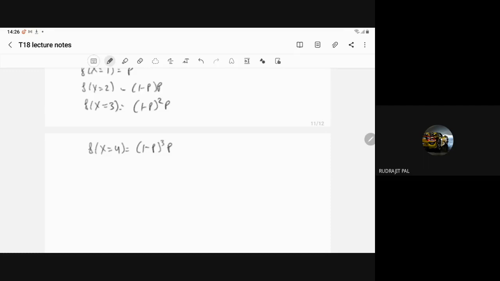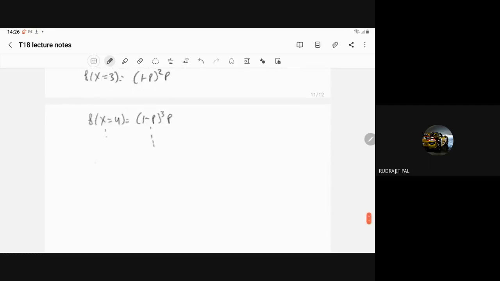If you want to generalize, f of x equals 1 minus p to the power x minus 1 into p, where x can take the values 1, 2, 3, 4, and so on. So this is your required probability mass function.